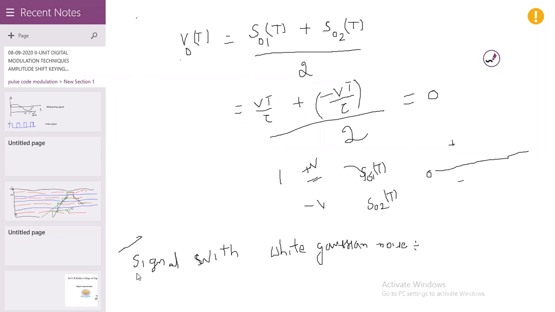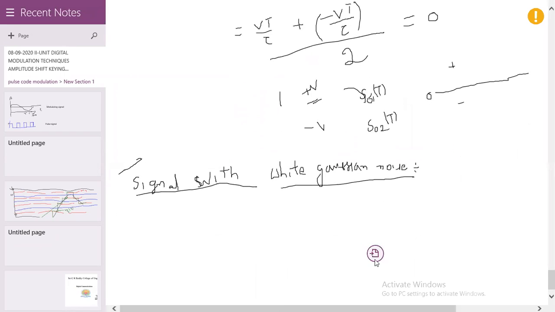Let us assume the received signal is negative voltage, that is logic 0, that means the output voltage V naught of T is close to S naught 2 of T. But there is noise along with the signal, so instead of the output voltage being close to S naught 2 of T, it is close to S naught 1 of T. Actually the transmitted one is logic 0, but the output indicates logic 1. That is an error.